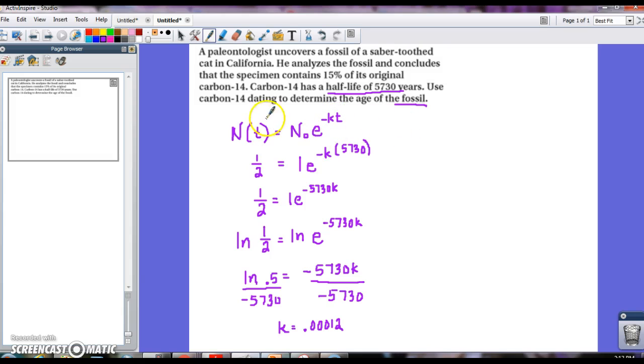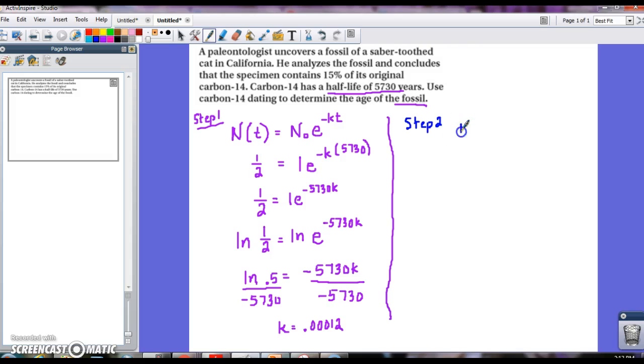But remember, I need to figure out the age of the fossil. That was step 1, and now I'll do step 2 in blue.